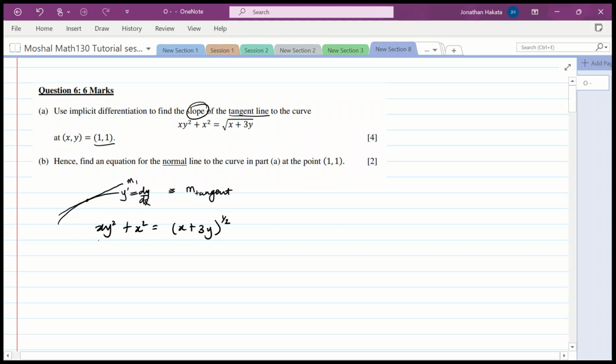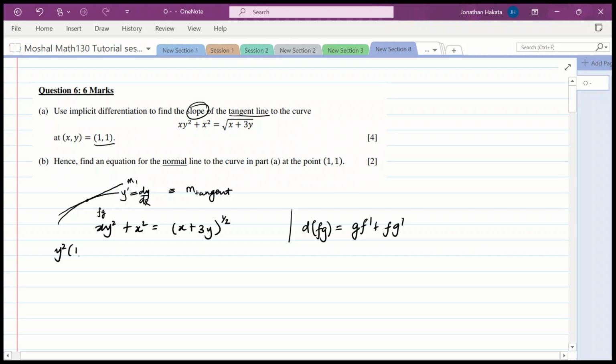So as you can see, xy squared is a product of two functions, f and g, and the derivative of a product, remember guys, the derivative of a product fg is none other than g f prime plus f g prime. Okay, so now let's do the differentiation. So this should be y squared times f prime, which is x.